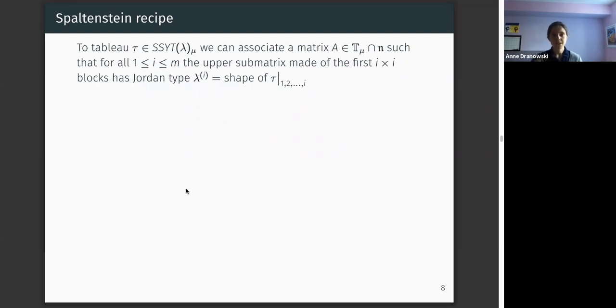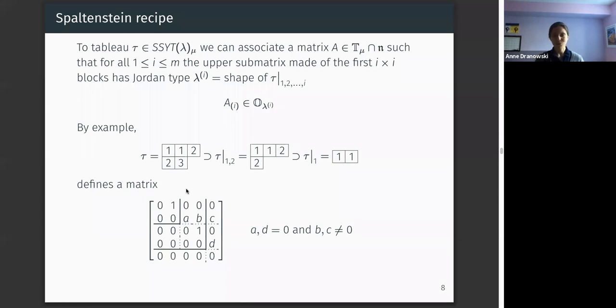To a semi-standard Young tableau, tau of shape lambda and weight mu, we can associate a mu by mu block upper triangular matrix by requiring that the upper left submatrices of A, made up of the first I by I mu blocks, have a Jordan type determined by the shape of the tableau restricted to boxes of weight 1 up to I. So we'll see what this means in an example, but the shorthand for this recipe is A sub I has Jordan type lambda I for all I.